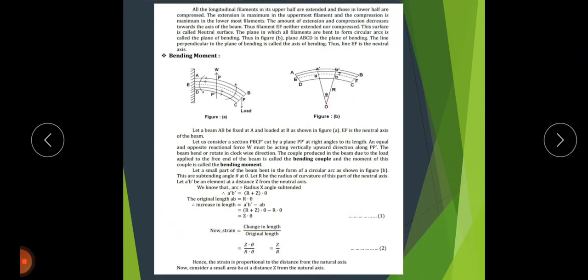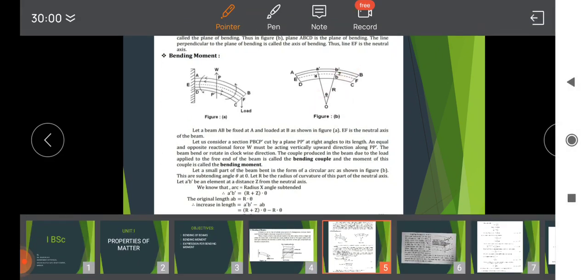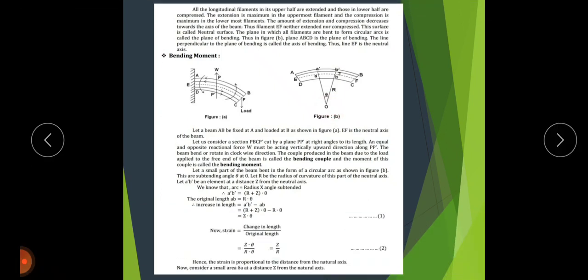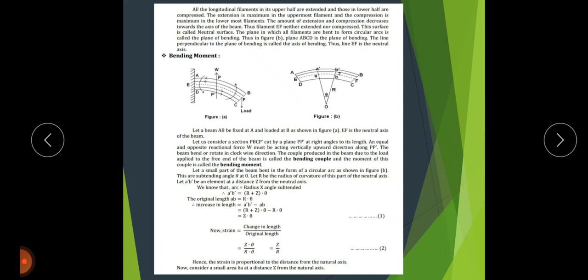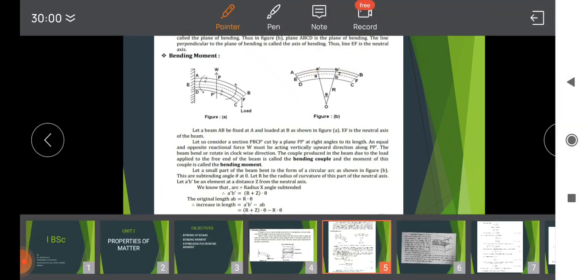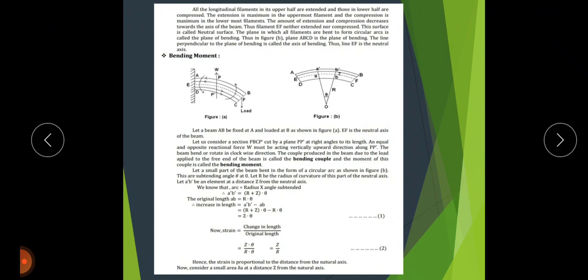The distance O to B is the radius of curvature R, plus the distance from B to B dash, which is z. So arc A dash B dash is the radius from O to B dash or O to A dash, that is R plus z, into the angle subtended, theta. So A dash B dash is equal to (R plus z) into theta.